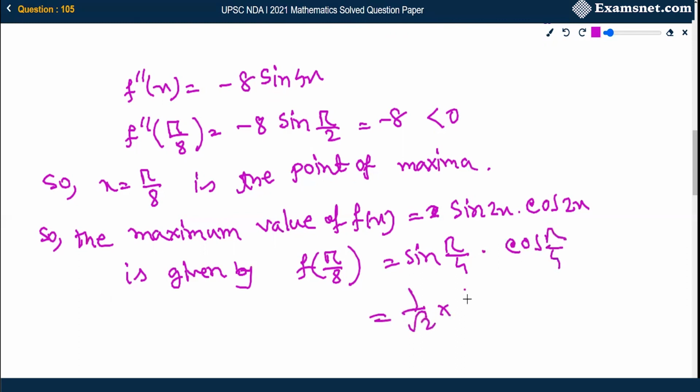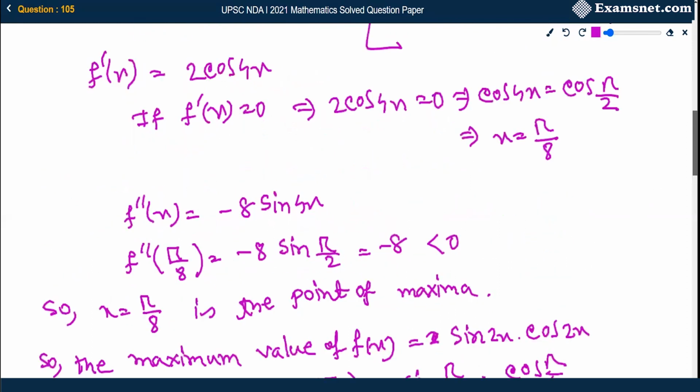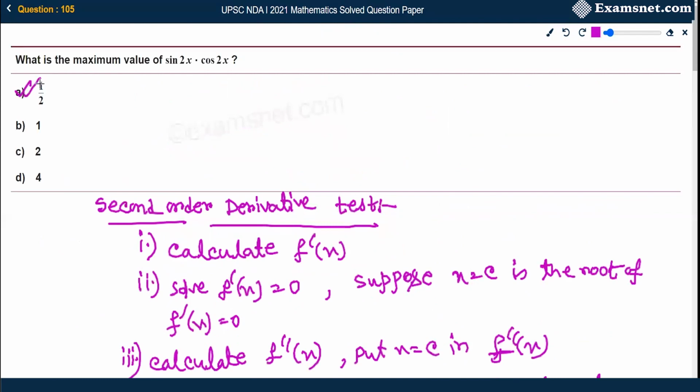So 1 by root 2, both will give us the value 1 by root 2, that means half. So here let's check with the options. Option A is the correct answer, half.